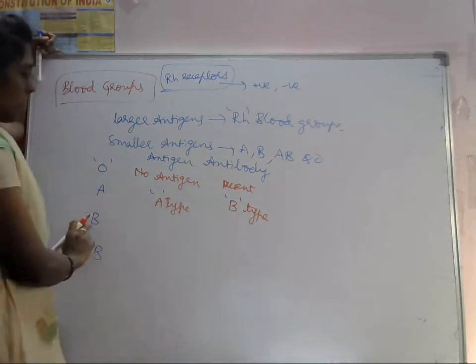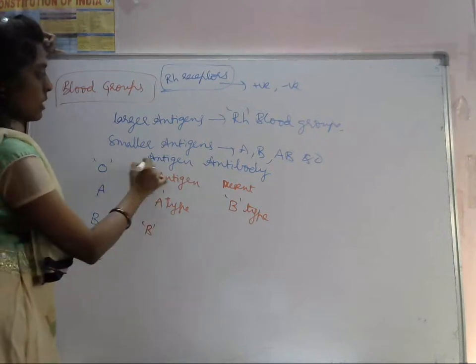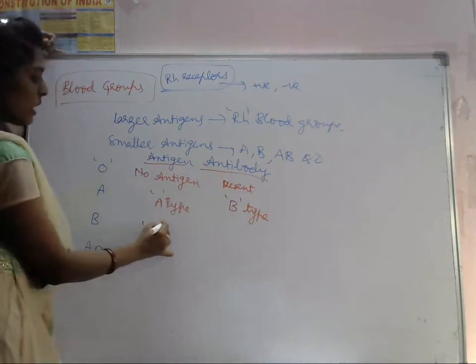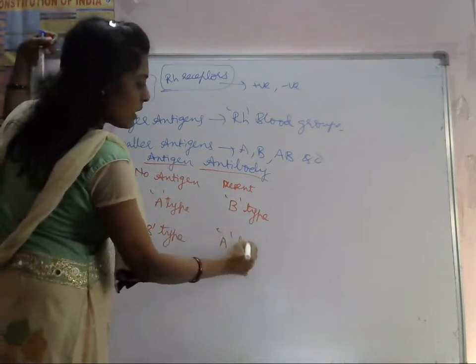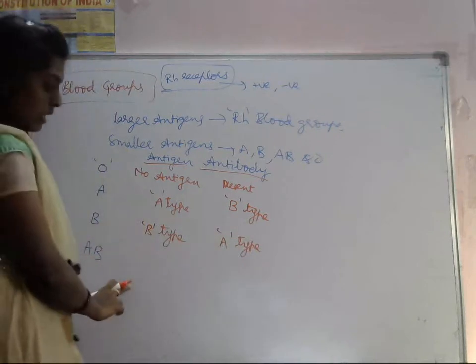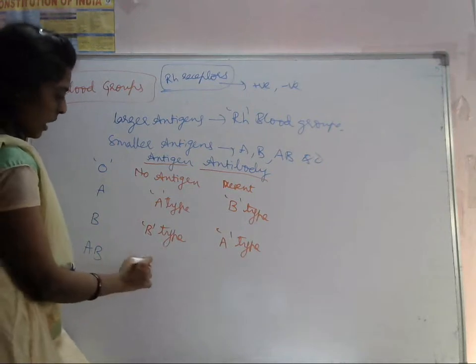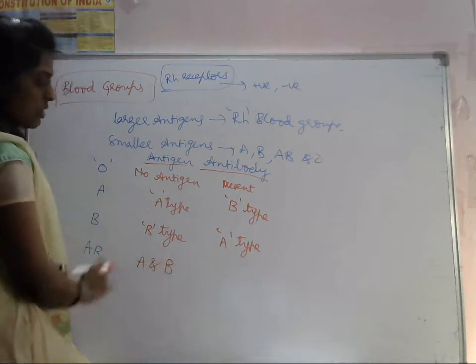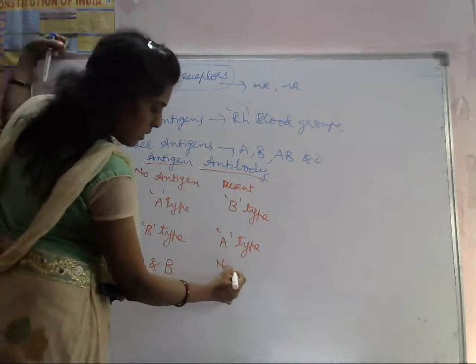If you take B, B type antigen is present, and A type antibodies are present. In AB, there are A and B antigens, but no antibodies.